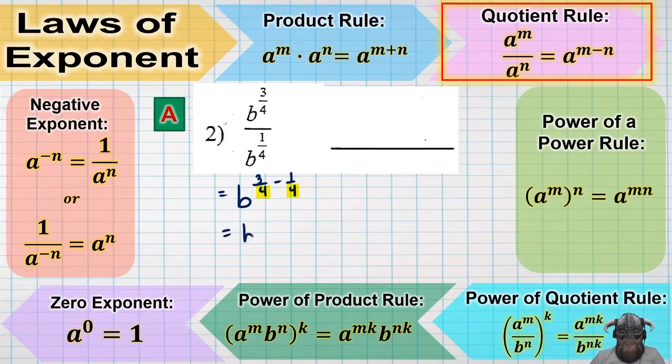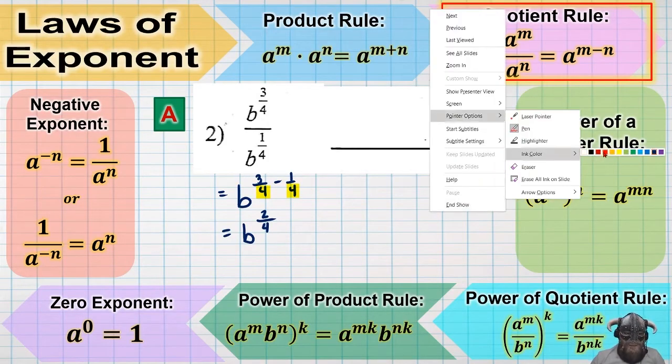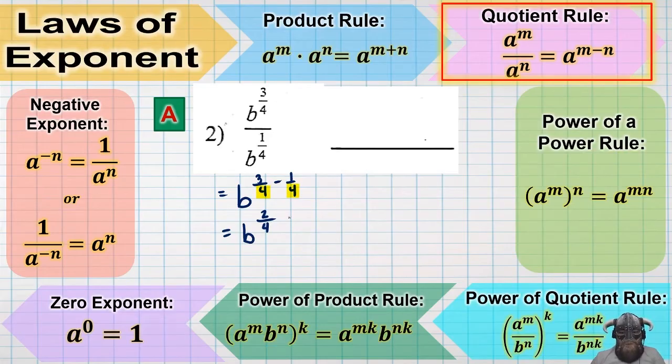We can just subtract b raised to 3 over 4 minus 1 over 4. 3 minus 1 lang, that will be equal to 2. And then copy the denominator 4. But as you can see, the fraction 2 over 4 can still be simplified by getting the lowest term. So, i-divide natin siya by its GCF. So, ang GCF ng 2 tsaka ng 4 ay 2.